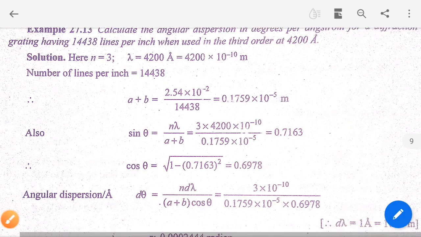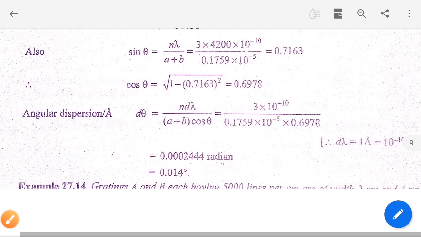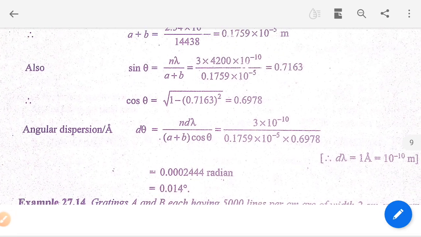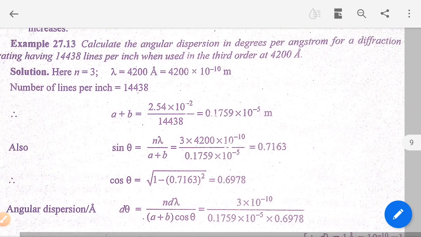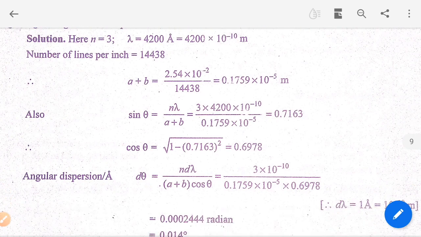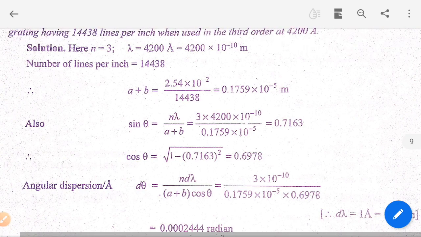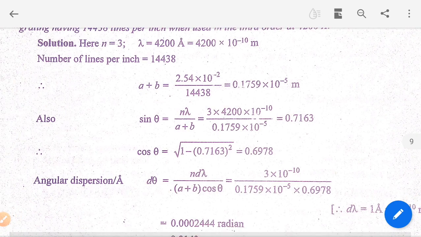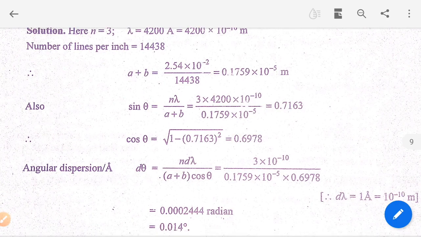In a similar way, the angular dispersion is d theta by d lambda, equal to n divided by (a+b) cos theta, where n is 3, and d lambda is a very small distance. a plus b is 0.1759 × 10^-5, and cos theta is 0.6978.